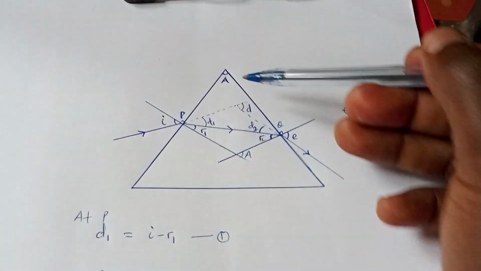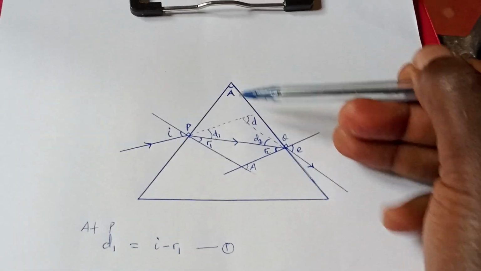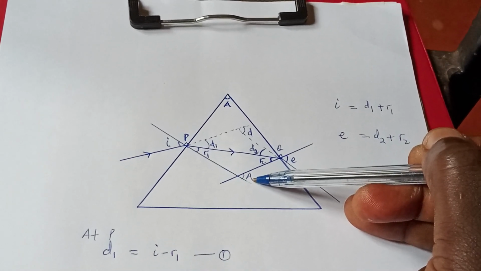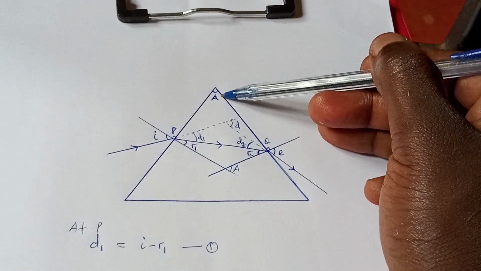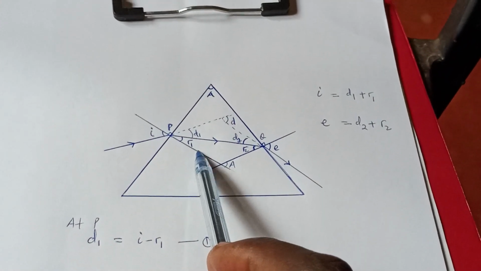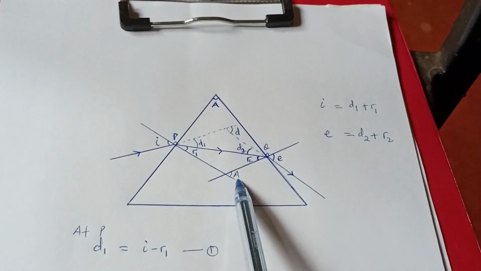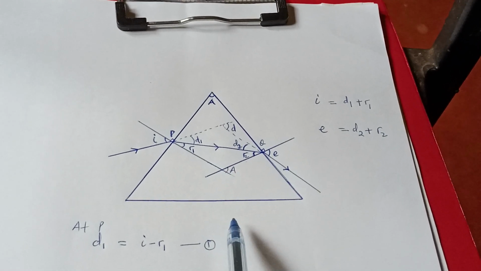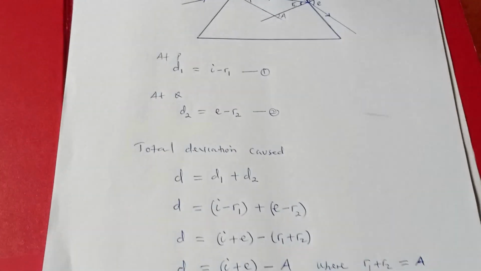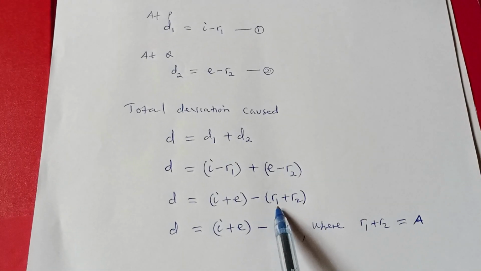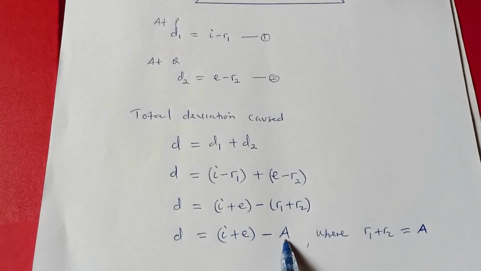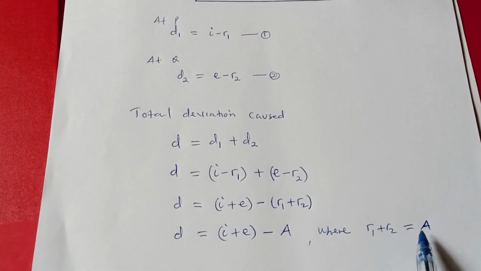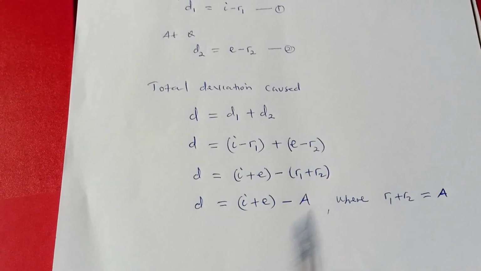One exterior. This angle of the prism is the same as this angle. So A, the angle of the prism, is equal to this very angle here. So when you add R1 plus R2, you simply get this A, since these two are interior angles that will add up to one exterior angle. So whenever we see R1 added to R2, simply replace that with A, where R1 plus R2 is A, and A is the angle of the prism.